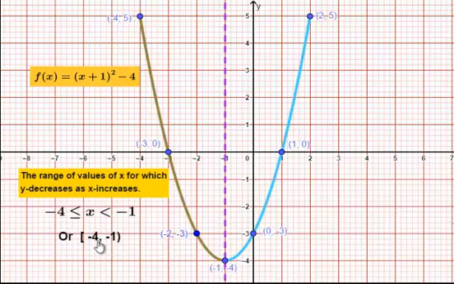So we write that one first, comma, then where the turning point is, we write the x value, which is -1, and that one is open, because -1 is not included. This is closed because -4 is included.